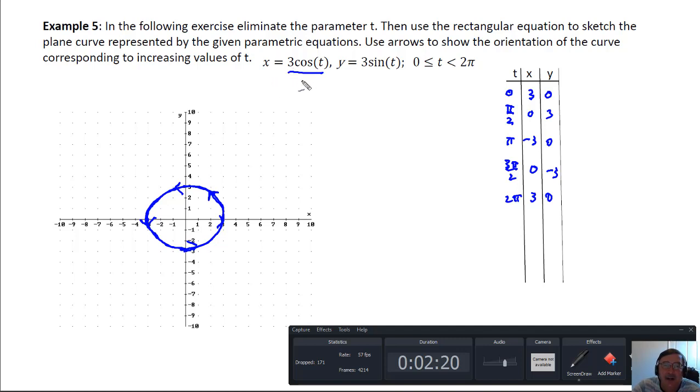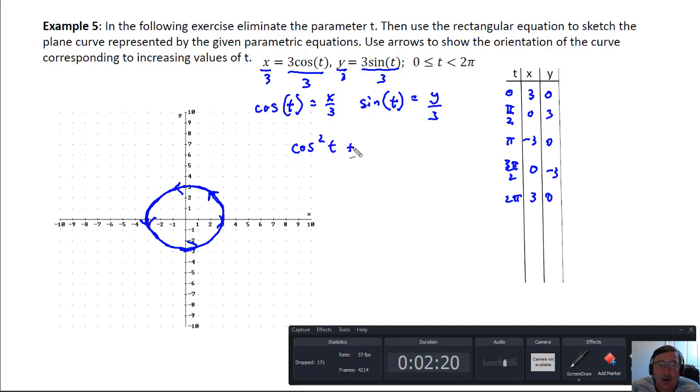Now on these, we're going to have to divide both sides by 3 to get the cosine of t equals x over 3, and the sine of t equals y over 3. And then once again, we can go ahead and put it into our fundamental Pythagorean identity here. Cosine squared t plus sine squared t is 1.